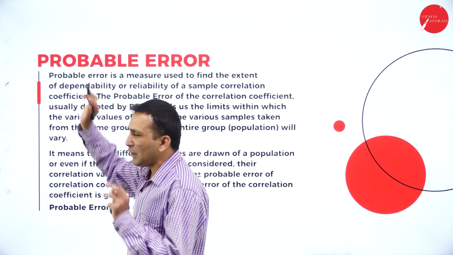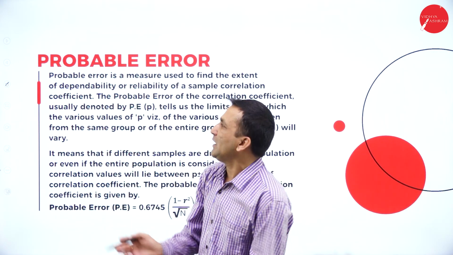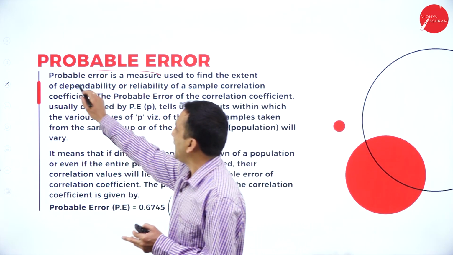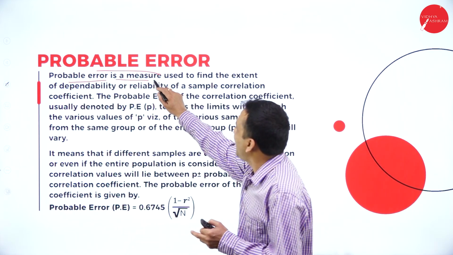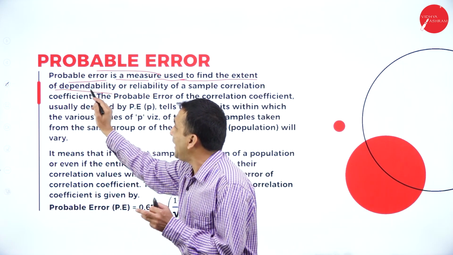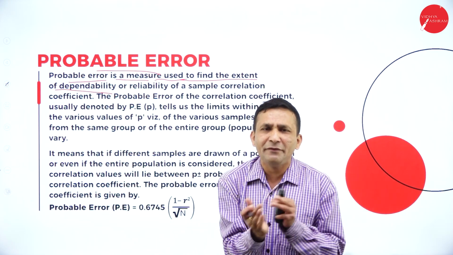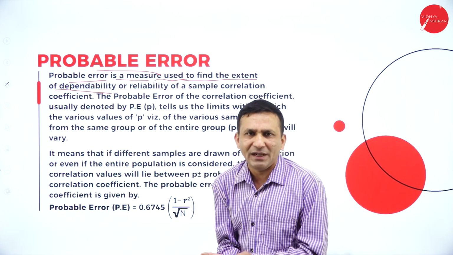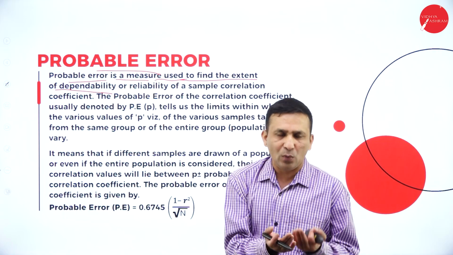As per today's agenda, what exactly is the probable error we are finding? The probable error is a measure used to find the extent of dependability, because we know x and y are two variables, and with the help of two variables we do the correlation.